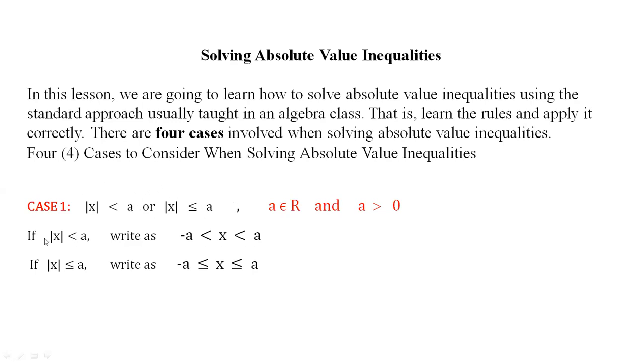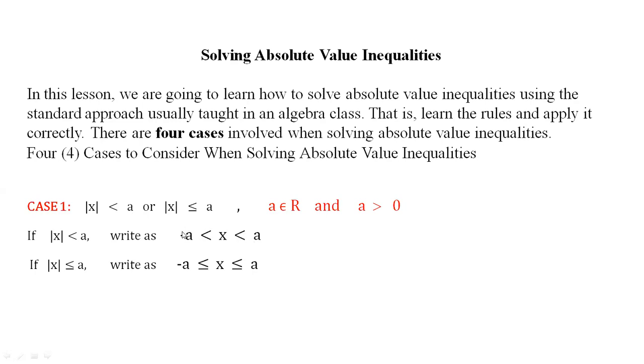If the absolute value of x is less than a, condition 1, we can write it as x is greater than minus a and x is less than positive a.